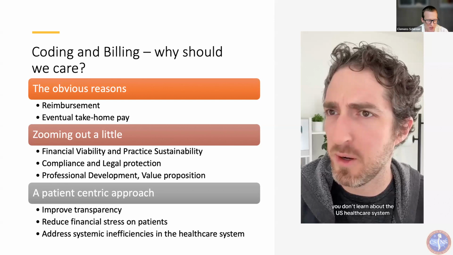And then if you zoom out a little bit more, good coding actually brings together a certain framework of a patient-centric approach or a healthcare system-centric approach, because it improves transparency of what actually happens. If you engage in good coding, it reduces the financial stress on patients, because theoretically patients are able to compare and contrast what you're going to do.